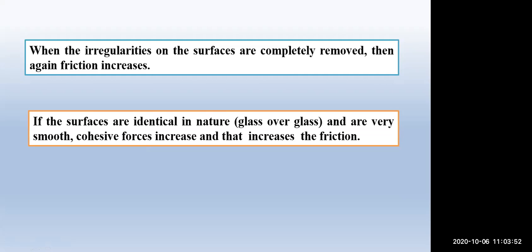Actually, if it is perfectly smooth, friction even increases, because the molecules on the two sides come very close to each other due to the reduced irregularity. They form weak bonds, and the friction force increases.